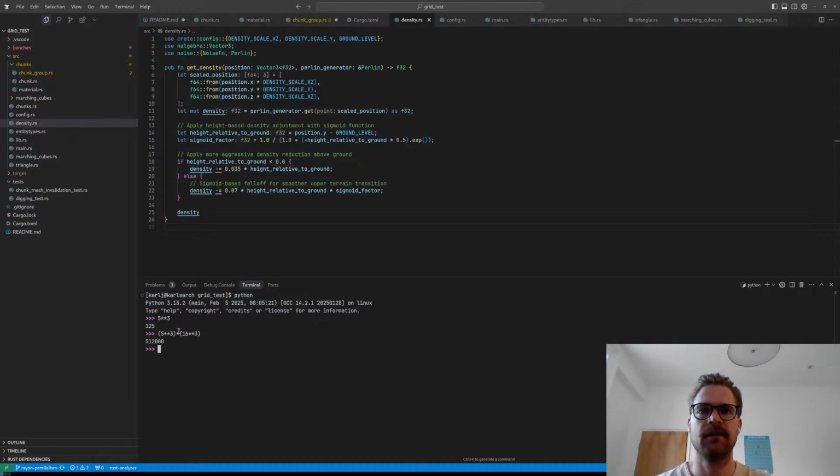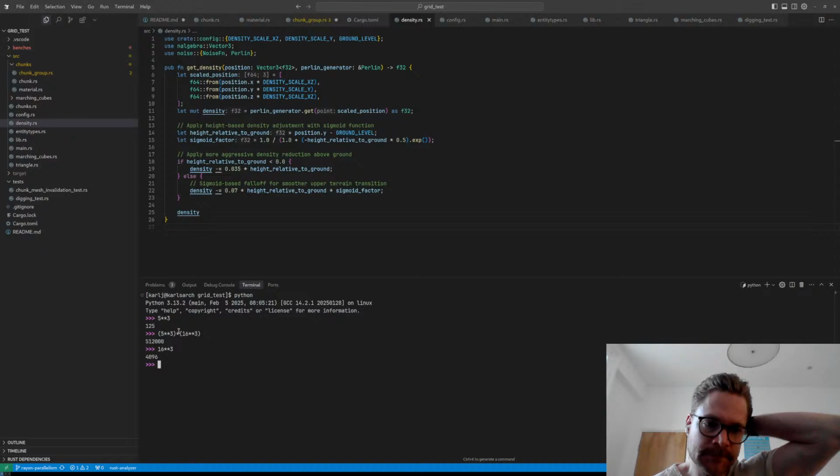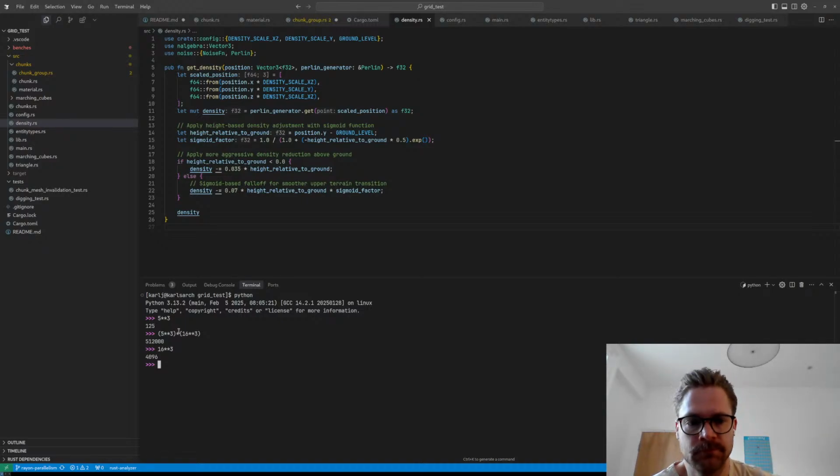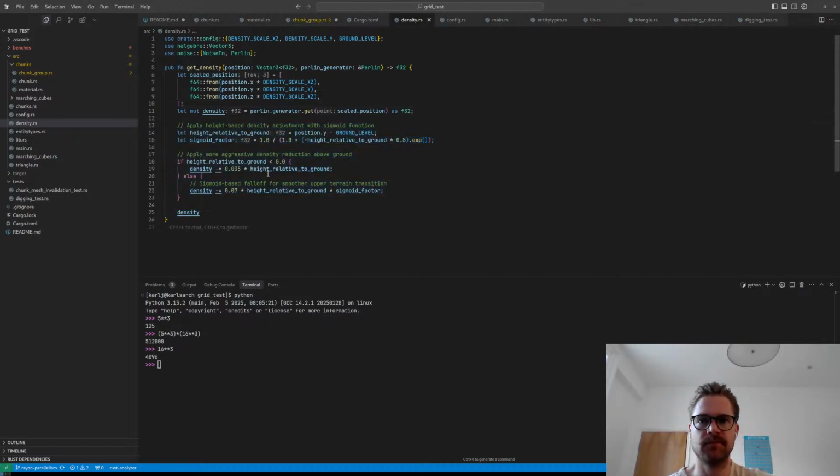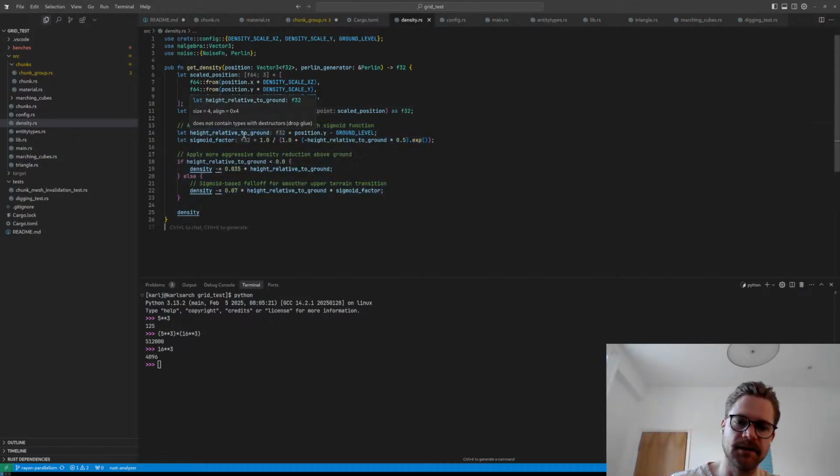That's like 4,000 calculations in 1 millisecond. Wild. It's more than 4,000 calculations because it's doing all of this 4,000 times in 1 millisecond.